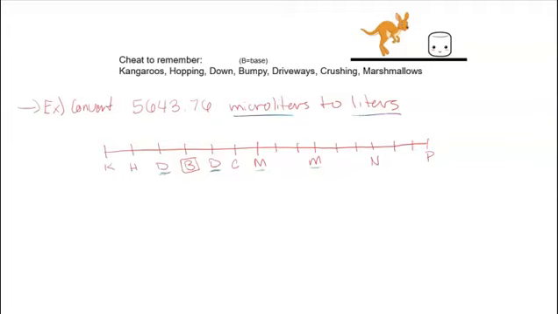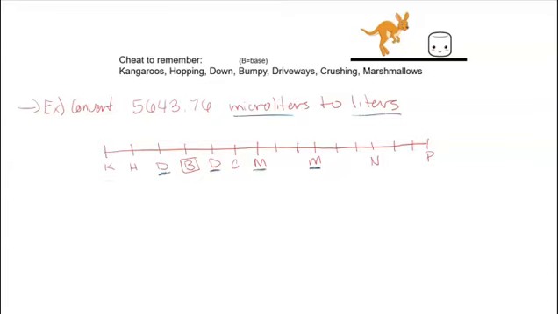But be careful when you set up the number line this way, because you've got 2 D's and 2 M's. Remember, the very first D is representing deca, and the second D is representing deci. The first M is representing milli. The second M is representing micro.